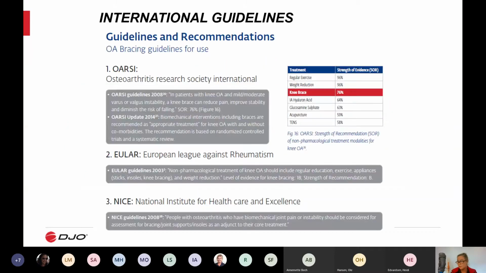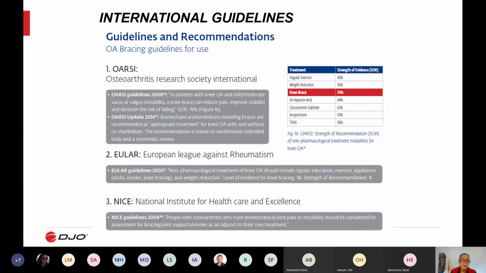If we look at the international guidelines, here it's divided into three. We have the OARSI, which is the Osteoarthritis Research Society International, and we have the EULAR, the European League Against Rheumatism. And then we have NICE, that's the National Institute for Health and Care Excellence.